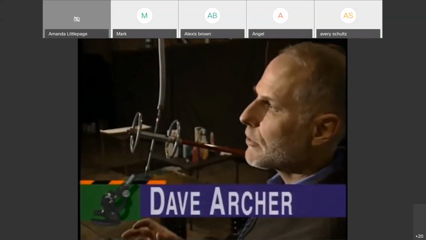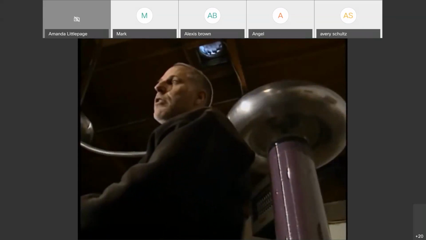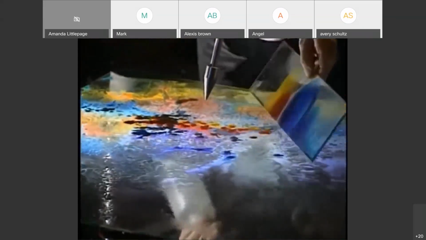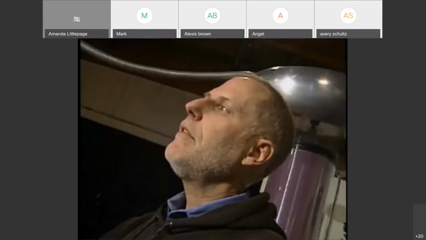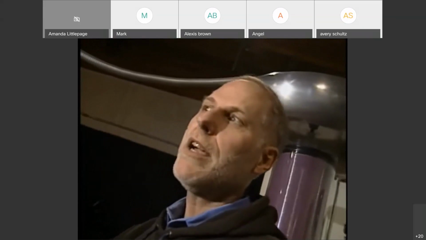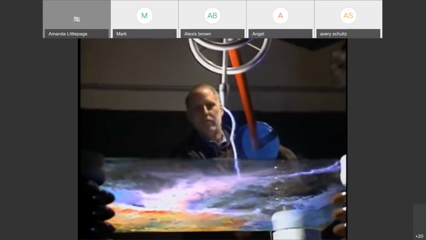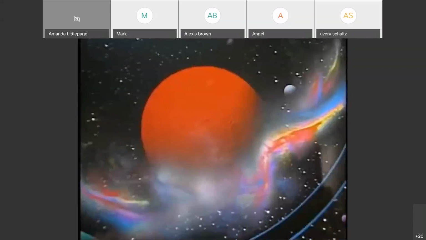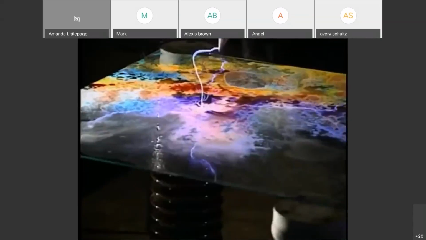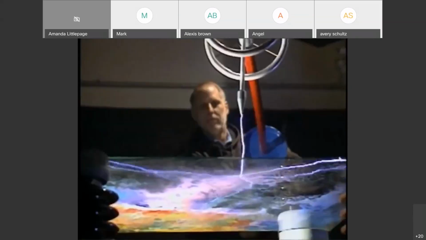I send electric arcs directly into wet paint on glass. Don't try this at home. It spreads the paint and moves through it and does things that I wouldn't get any other way. This is weird science, if you will. I'm using weird science to make art objects. I'm actually sending miniature lightning bolts into wet paint on glass.